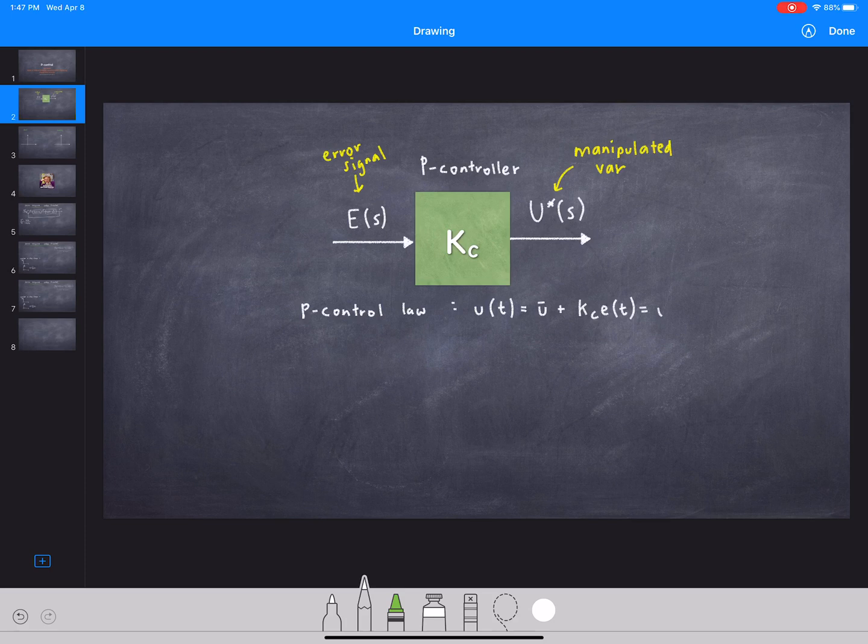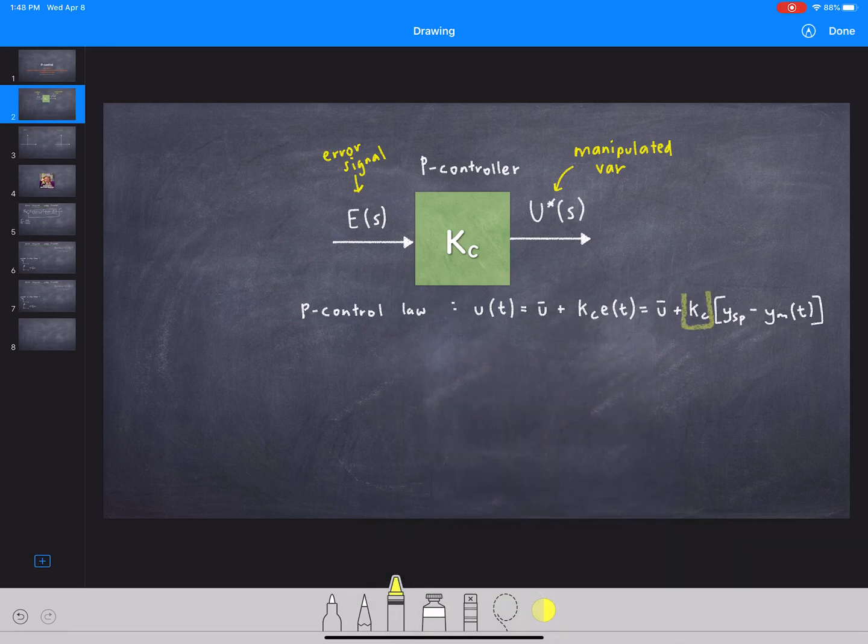And I'll expand this out because I want to emphasize that Kc multiplies the set point minus the measured value of the controlled variable. So there are 2 points for P control.